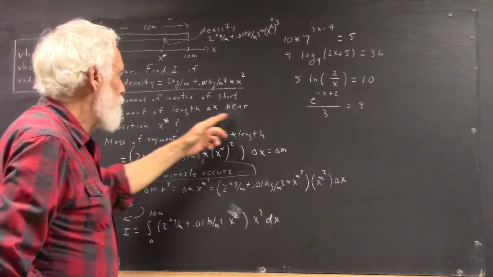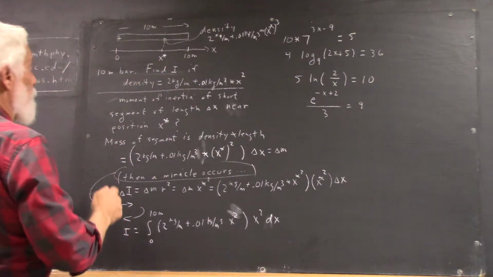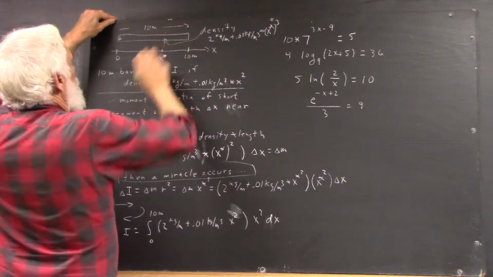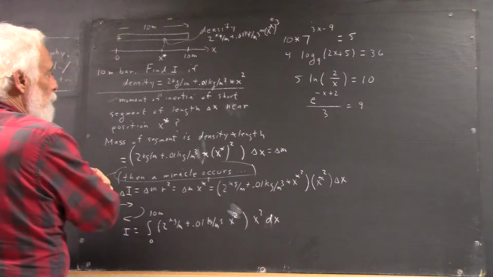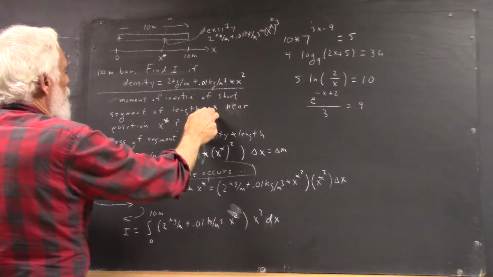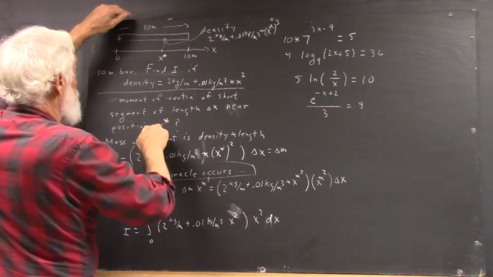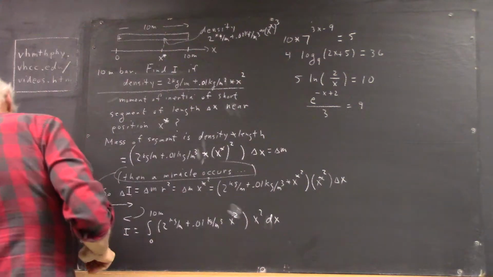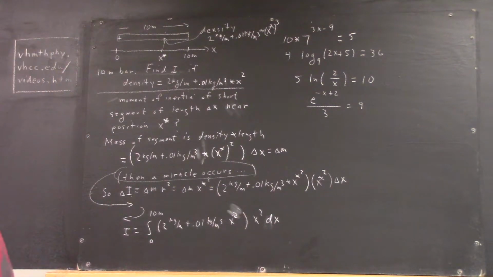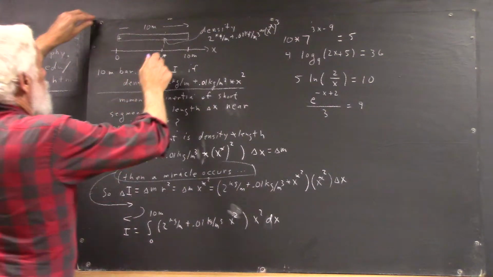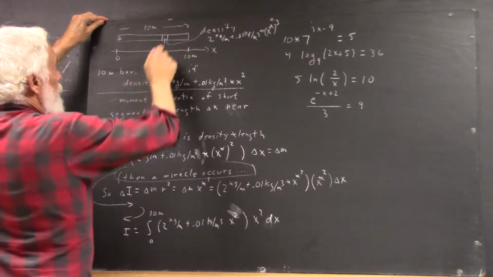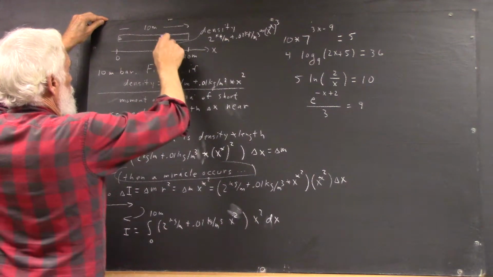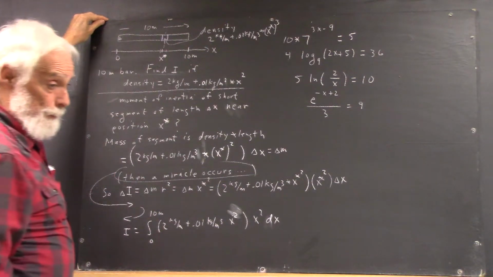Now, I said near; near might be on this side or on this side, but what we really mean is a delta x interval that contains that position within it. So you have this interval here, and of course you have an interval on the x-axis that corresponds to a short segment of the bar.